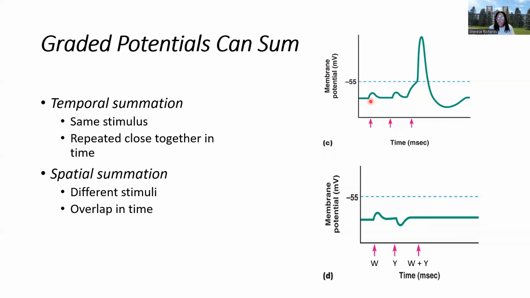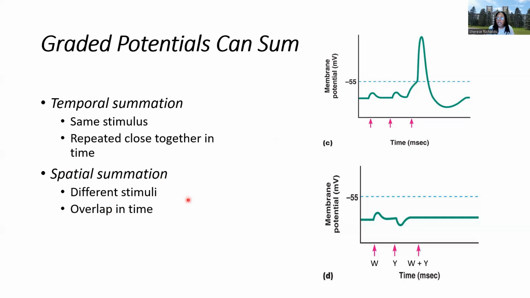And so if we took one of those synapses and we had two graded potentials come in, but they were so close together in time, we could just add those together, and those would potentially get us closer to -55, and we would then be able to generate an action potential. So temporal summation, same spot on the neuron, but they're just close enough in time.